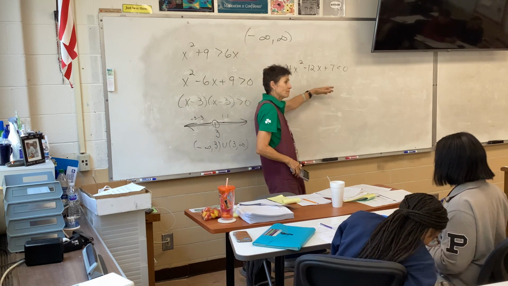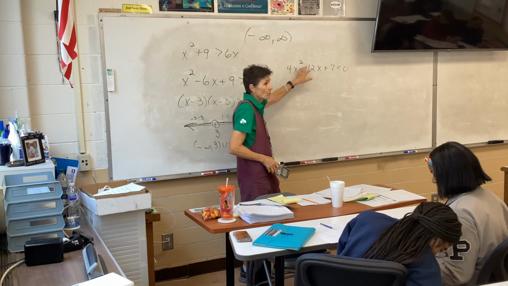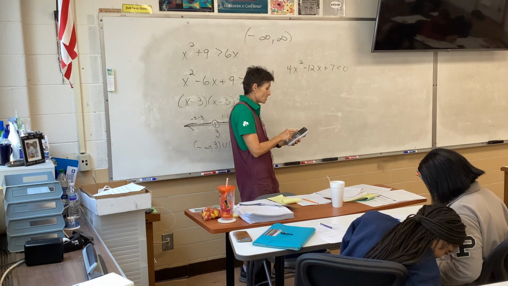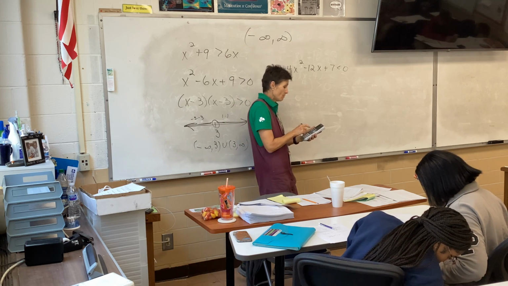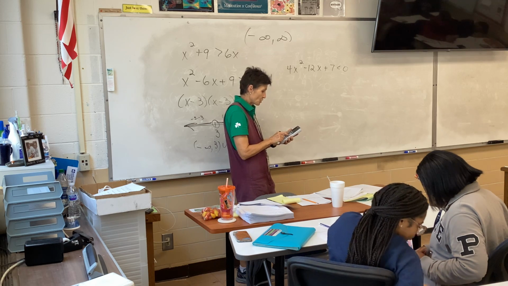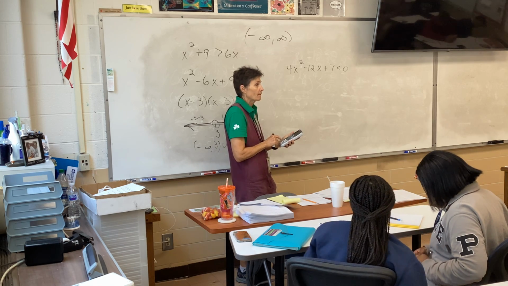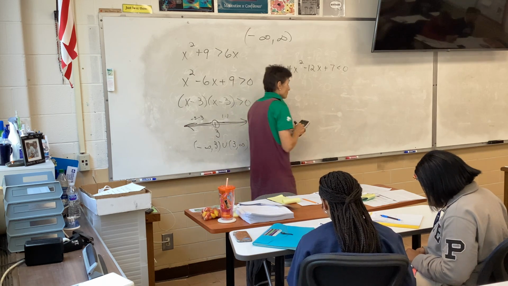So when we graph this, we're going to see parabolas of some kind. So let's go to Zoom 6. Make sure we have a standard window. Let's go to y equals and clear out any junk we have in there. And then let's put in this equation right here.